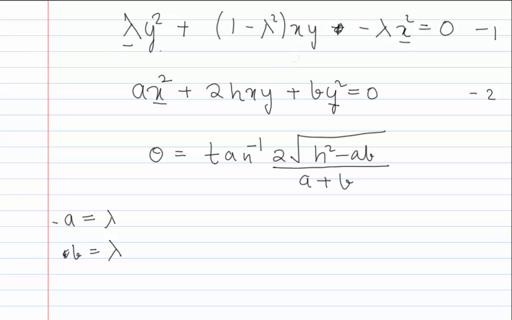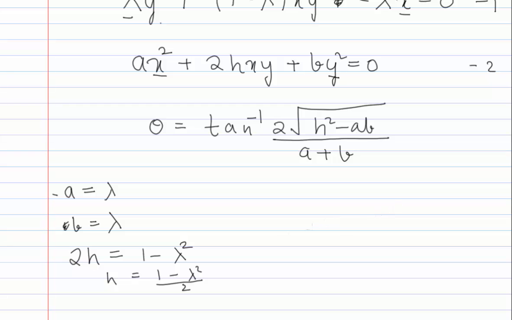And then finally let's compare the xy term. We have 2h is equal to 1 minus lambda square, and h is equal to (1 minus lambda square) divided by 2, right? Now let's see.